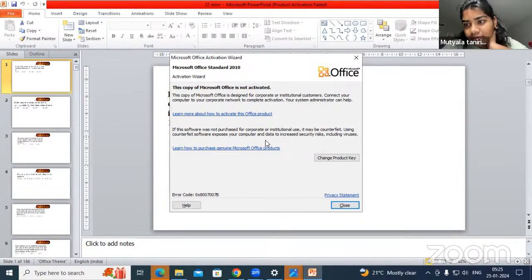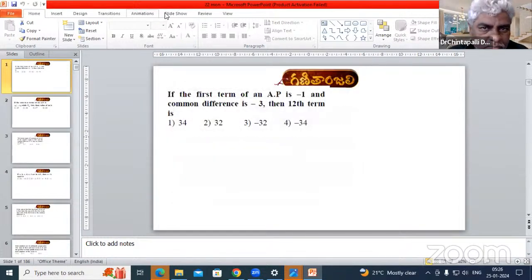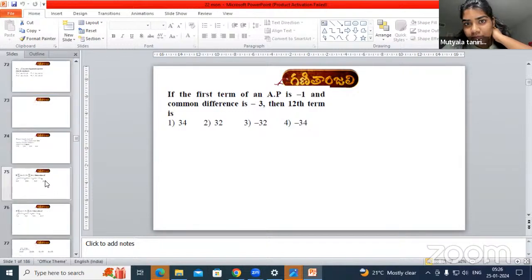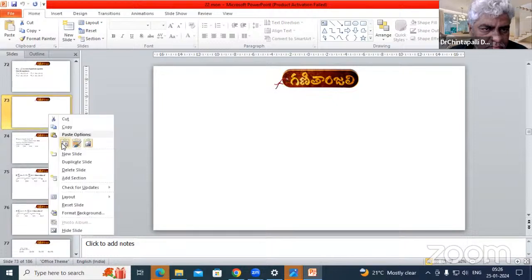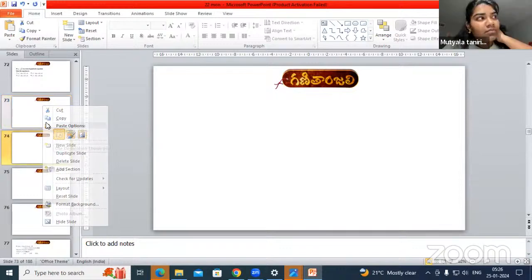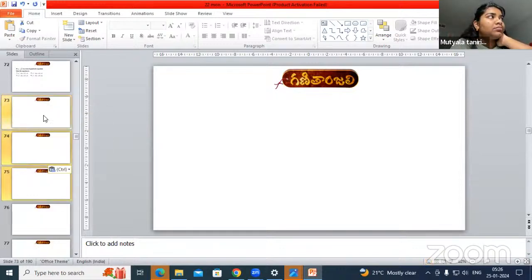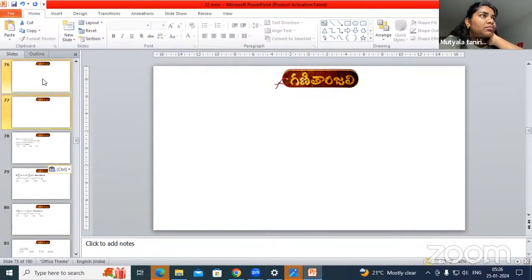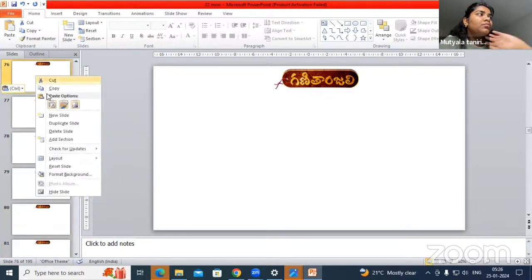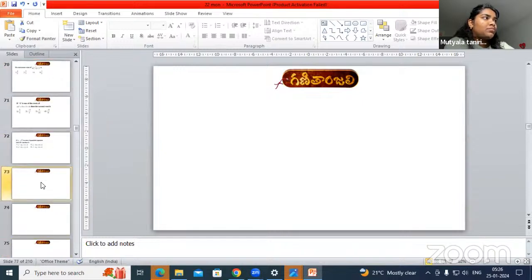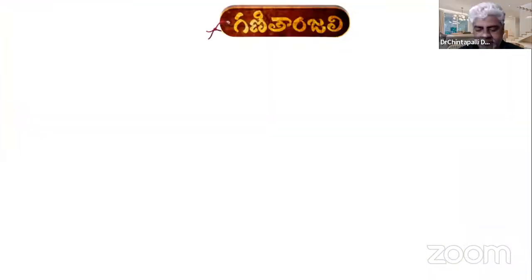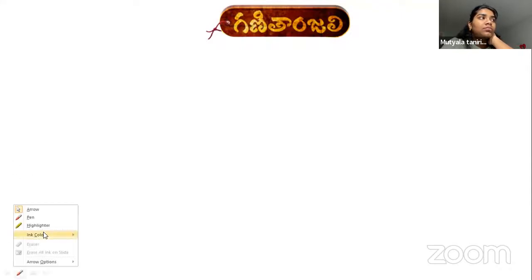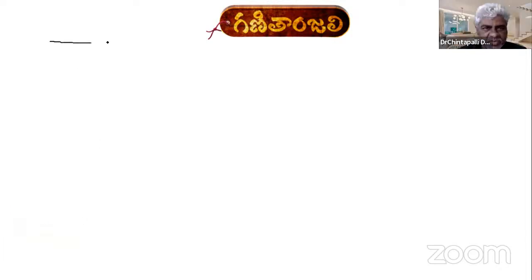Now for that open box, this is that first open sheet.